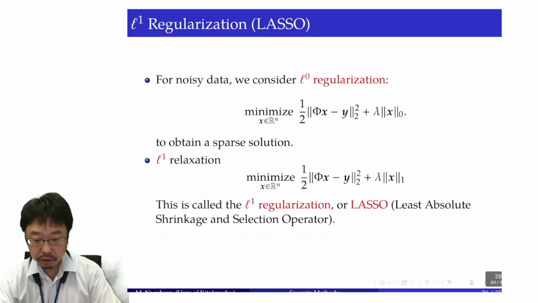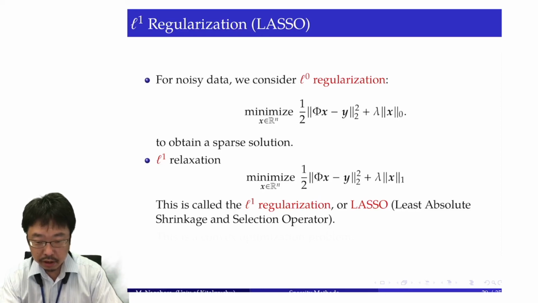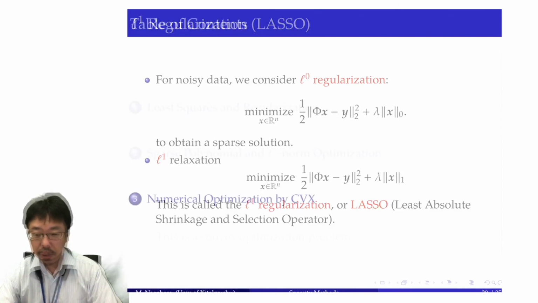This is also difficult to solve, and we adopt L1 relaxation for the regularization term. This is called the L1 regularization, or lasso, abbreviation of least absolute shrinkage and selection operator. This is a convex optimization problem, and we can easily solve this by numerical computation.